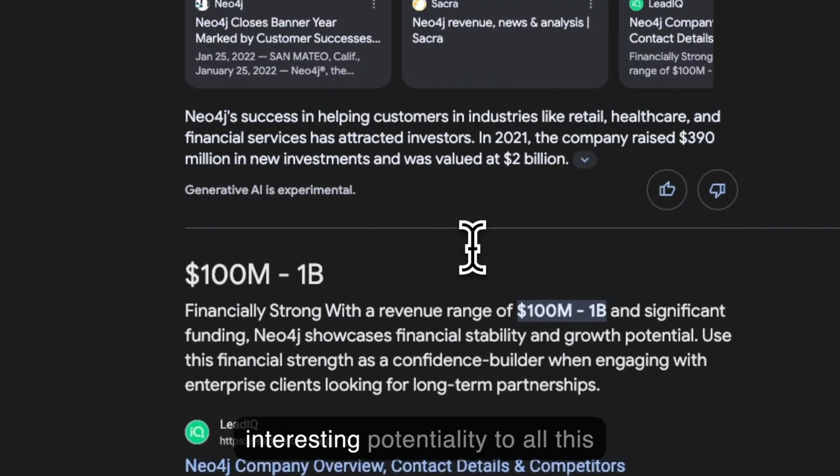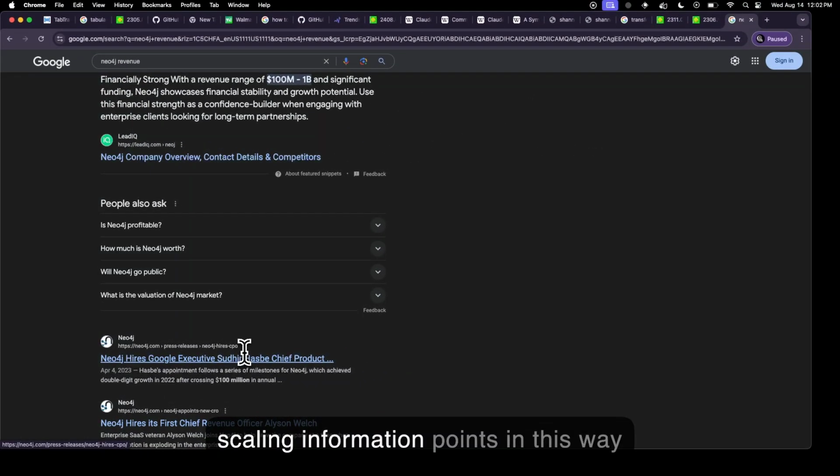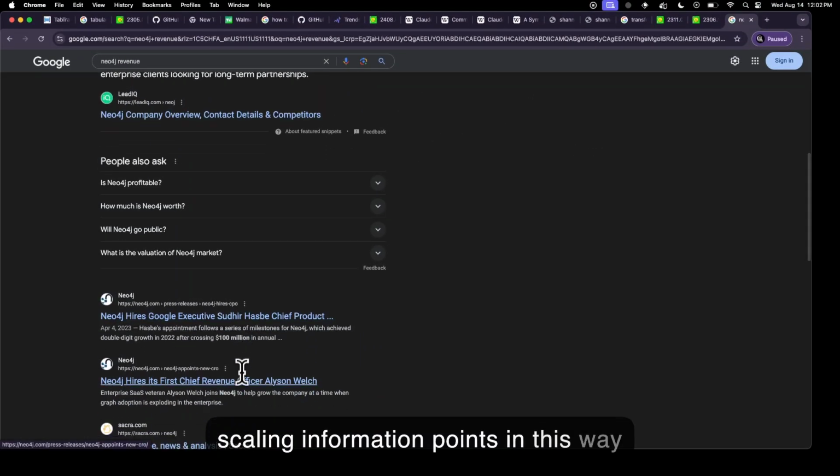So there's some weird, interesting potentiality to all this scaling of information points in this way.